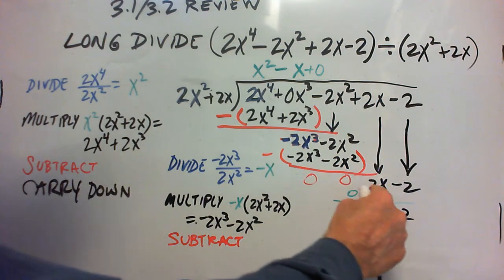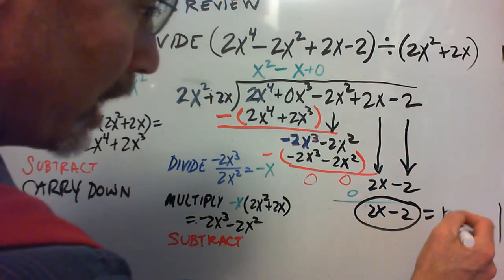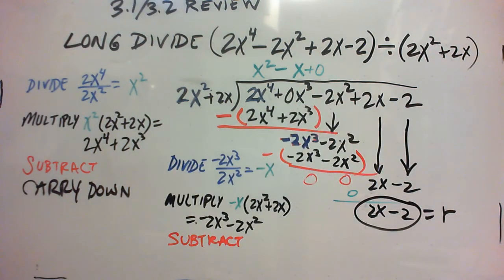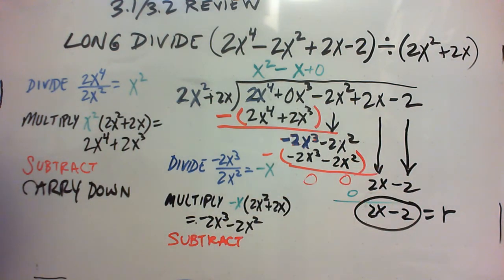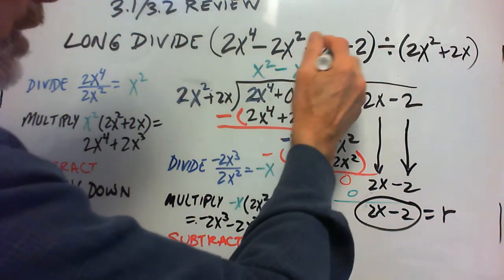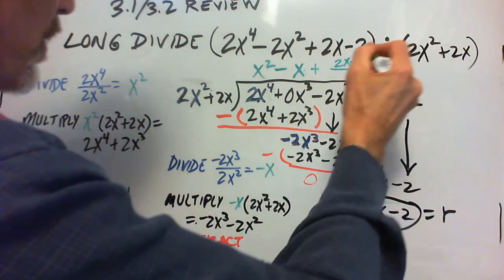Or we can just carry down both those terms in one step. That's our leftover part. That's our remainder. We've accounted for everything except the 2x minus 2. So we would write that as 2x minus 2 over the divisor.